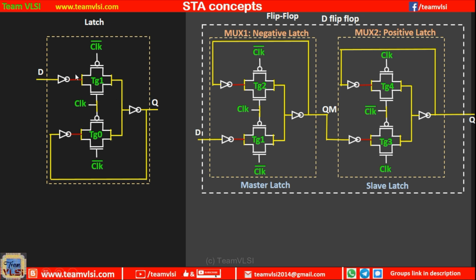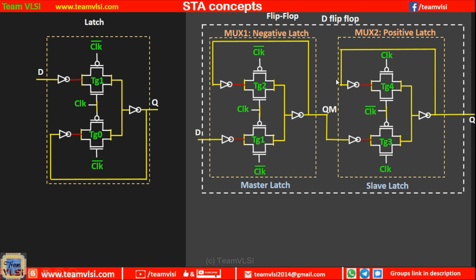This path will be activated, and transmission gate 0 will be in the off state. So we can say that when the clock signal is 1, D will be transferred to Q, and when the clock is 0, whatever output was on Q will be retained, right?